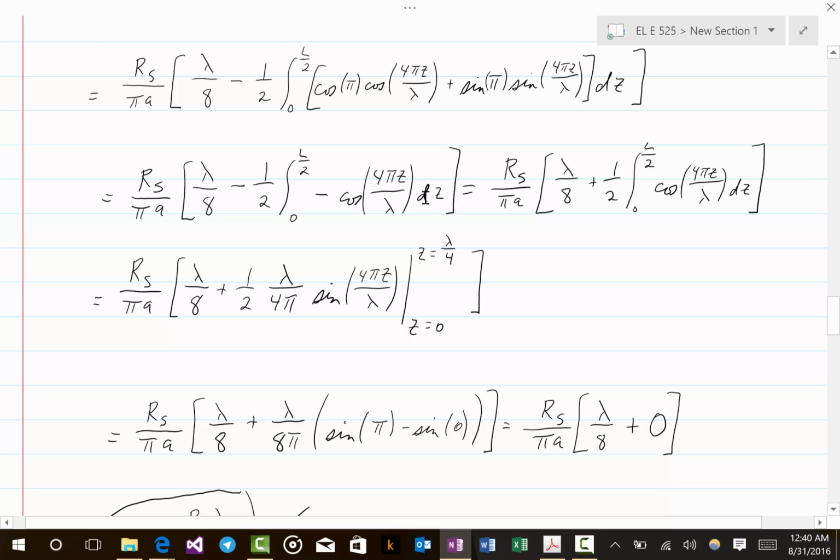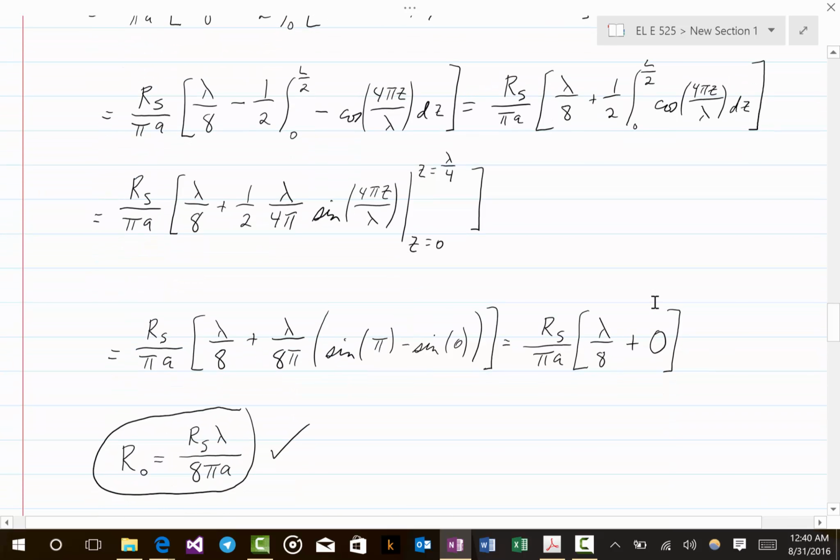So we're just left with this term right here, and that can be written then as Rs over pi a. We're bringing the lambda over 8 here, and then we have a minus sign in here, which can be combined with this minus sign to get plus 1/2 integral 0 to L over 2 of cosine of 4 pi z over lambda dz.